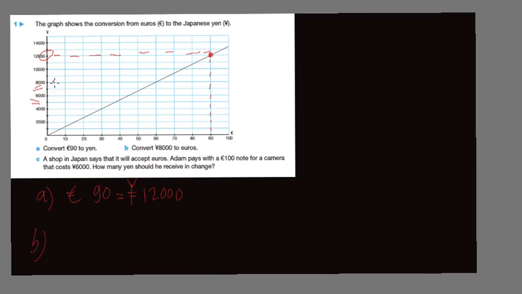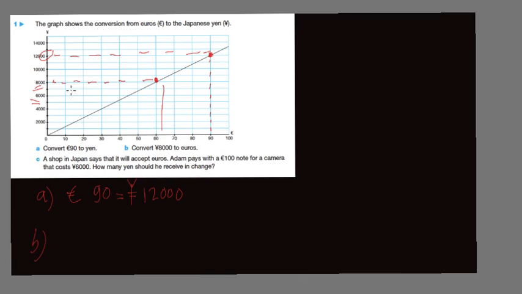We plot again into the intersection of the straight line. Okay, we got the point here, and then we connect it to the horizontal axis in the euros currency here.